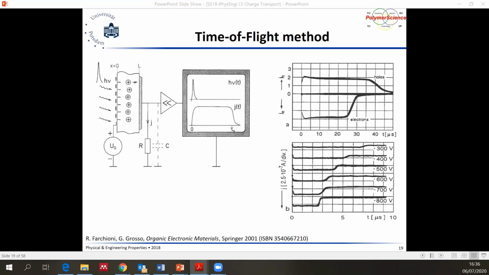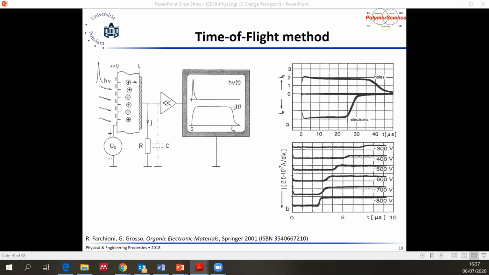What this means is that when we apply an electric field, these photogenerated charges are pulled in one direction, and it has to be toward the opposite electrode, because we want the charges to go through the entire semiconductor, the polymer, and reach the opposite electrode, and we want to see how long this takes.